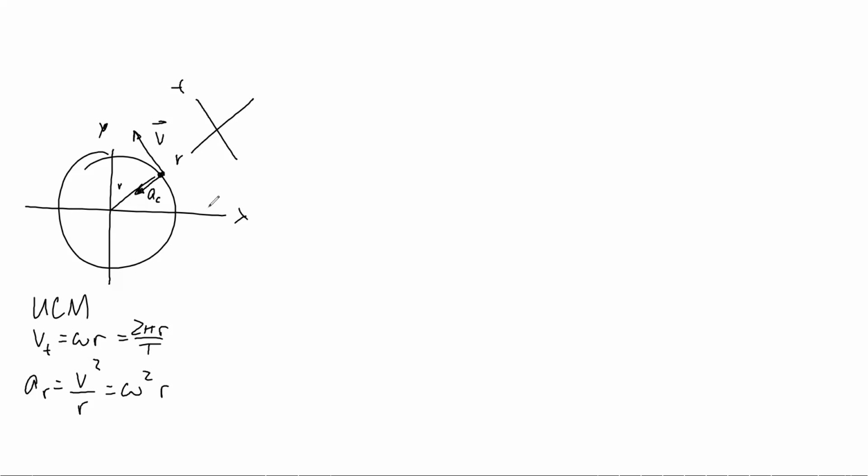So that's something that we can write right next to the acceleration. Just say right here, F net in the r direction is equal to ma, which is equal to m v squared over r, the one we'll usually use, or also m omega squared r.